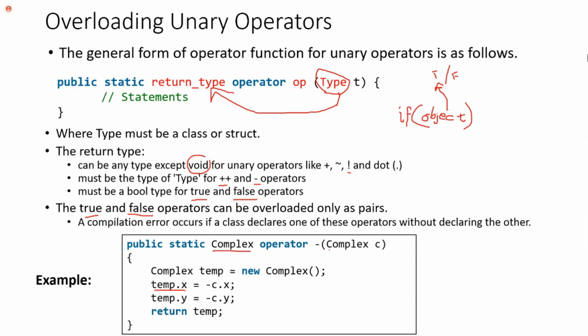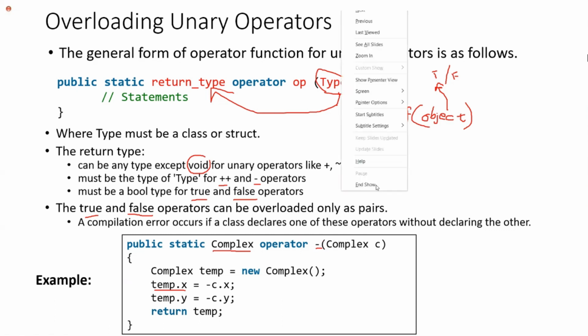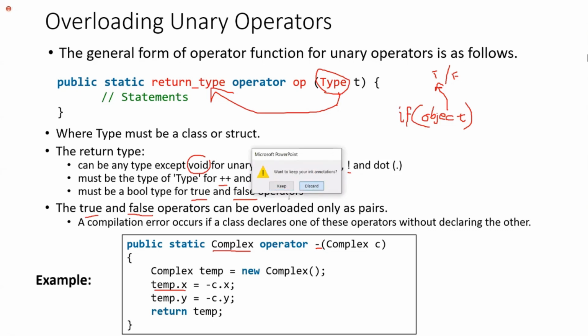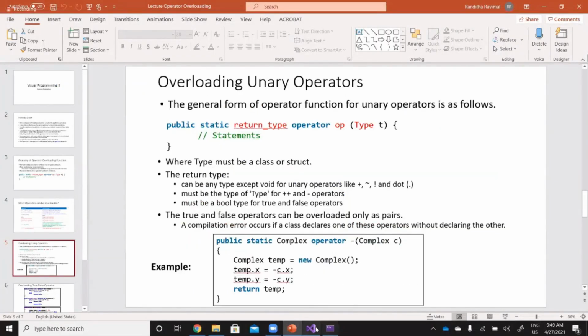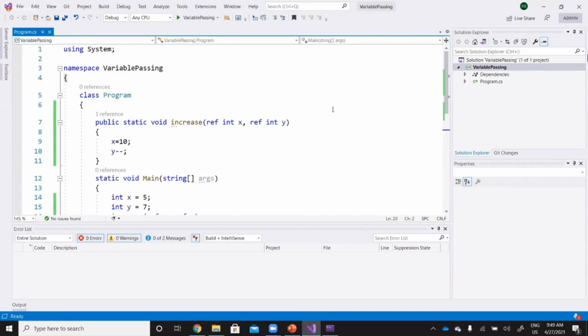So here in this example, it actually overloaded the minus operator, or the negative operator, to make a negative. Okay, I will show you how it actually happened. So let's quickly create our new class.